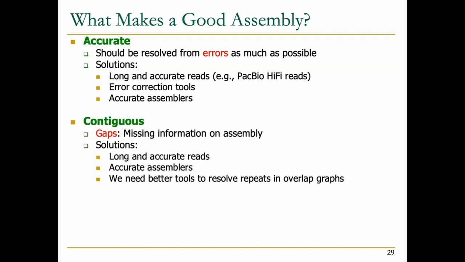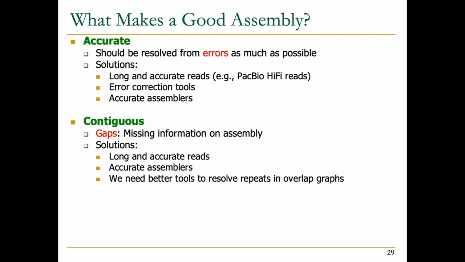And the assembly should be as contiguous as possible. There should be fewer gaps, even maybe no gaps. It should be filled with full information and should show the information of your entire genome, because there are usually gaps, and those gaps are missing information in the assembly of your genome. We don't really want to miss out such information.